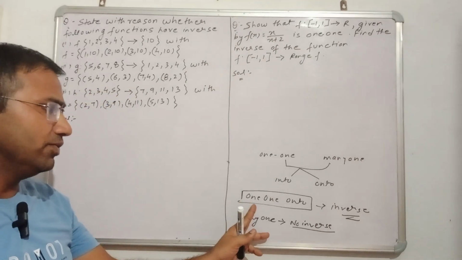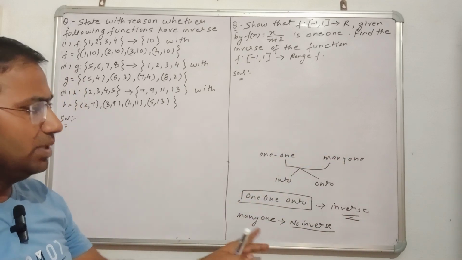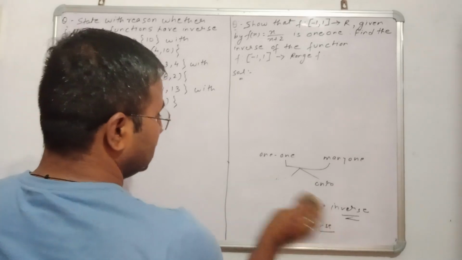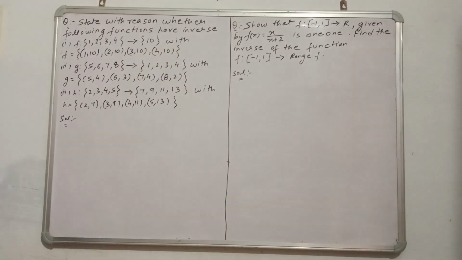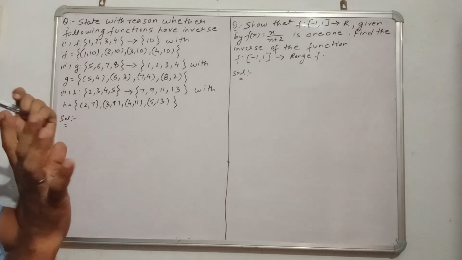If a function is one-one onto, then there will be an inverse. If a function is many-one, then no inverse will be there. So first of all you have to tell which type of function it is. After that, you can tell whether the function has an inverse or not.